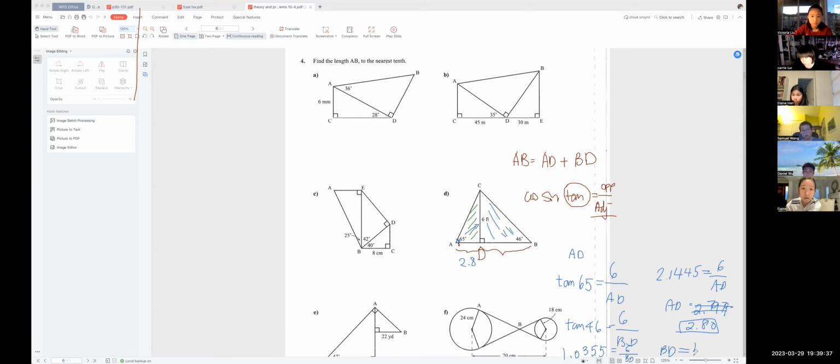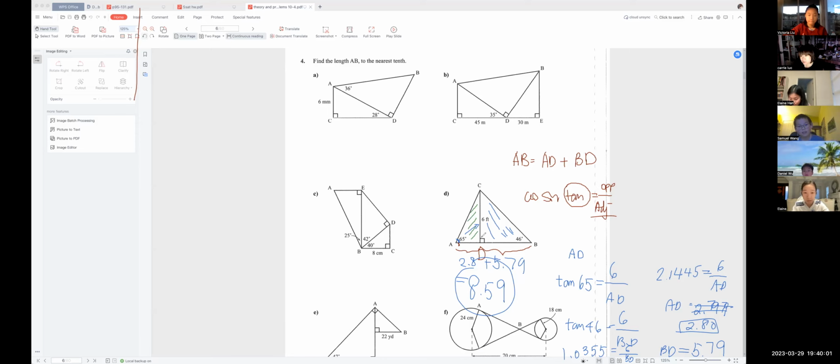So BD equals 5.79. So just plus them together. Oh yeah, I'm not off by that much anymore. 8.59. Yeah, I just didn't know that ACD was a right angle triangle.